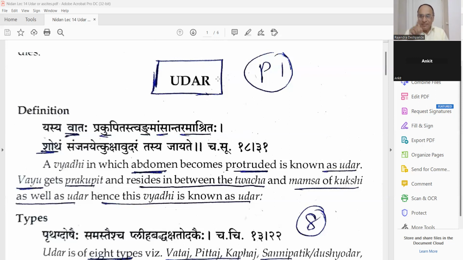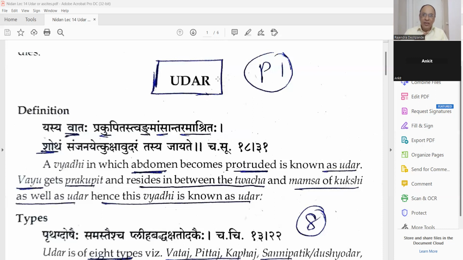Ashtau means 8. Gad means disease. Mahagad. So amongst those 8 diseases, Udara is one. So Udara, ascites, is not easy to cure. It will take a long time to treat these patients.